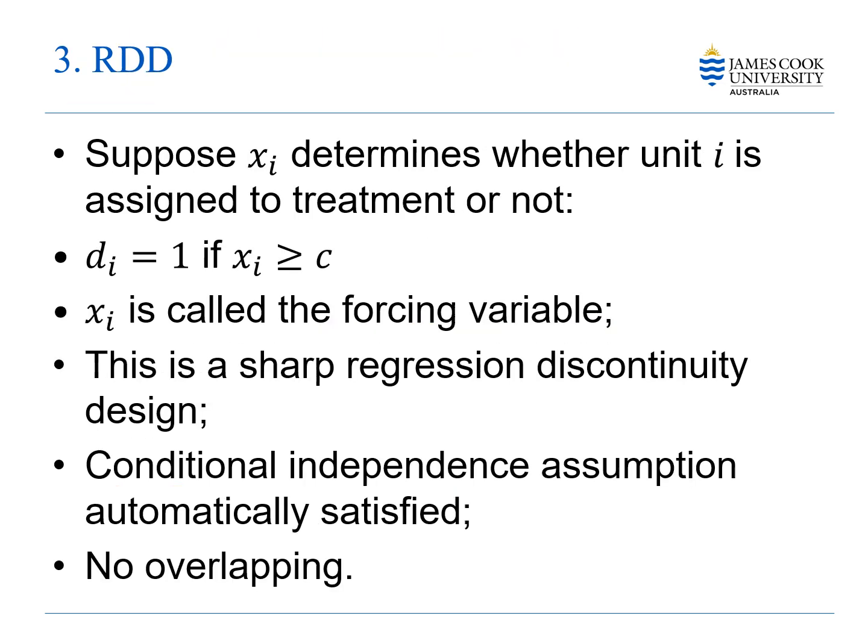So here, let's suppose X, which in our example is the midterm exam score, determines whether unit i is assigned to treatment or not. So D_i is equal to 1 if X_i is bigger than c, and we know this c. X is called a forcing variable. And this design is the sharp regression discontinuity design.